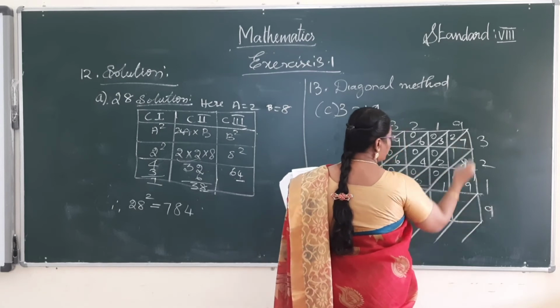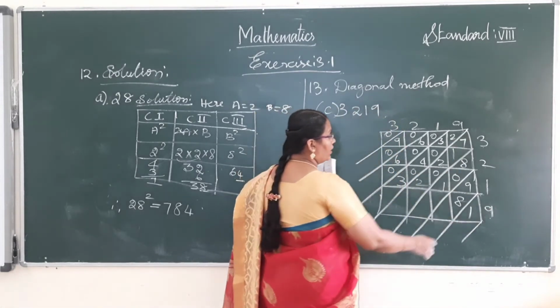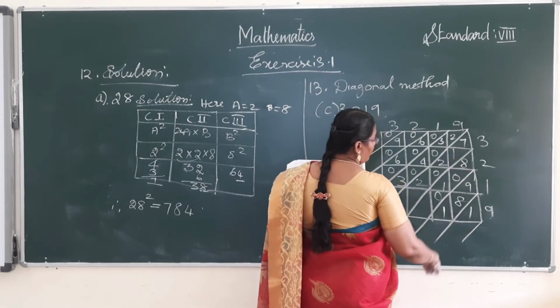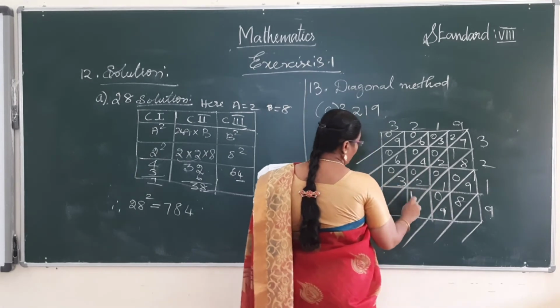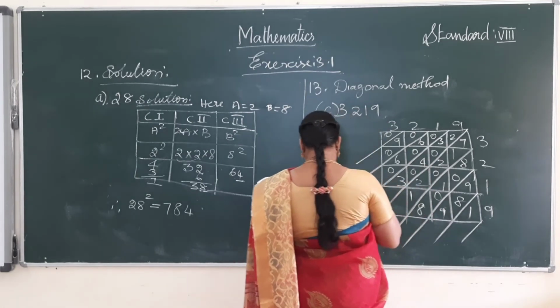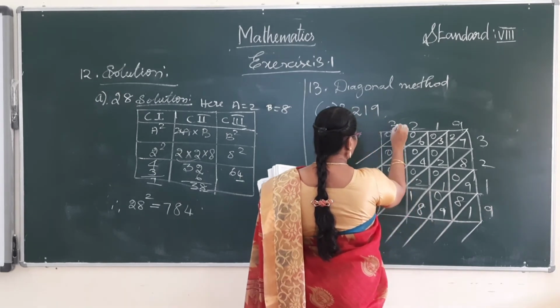Next 9 9s are 81, 9 1s are 9, 9 2s are 18, 9 3s are 27.